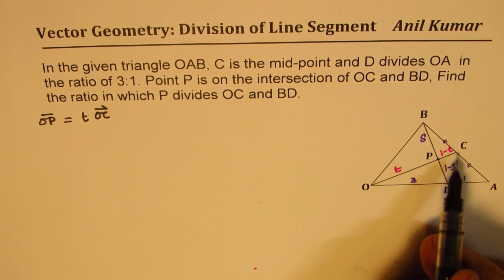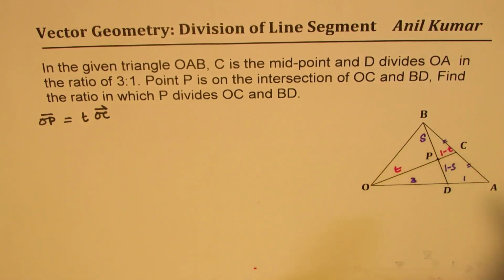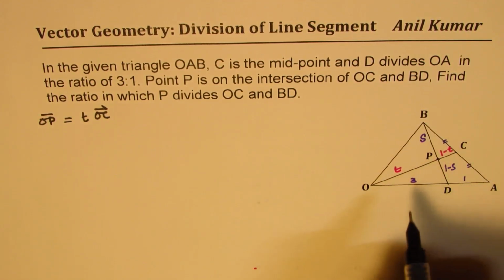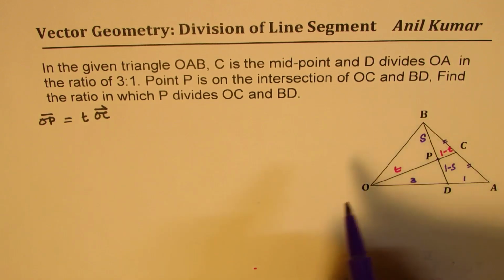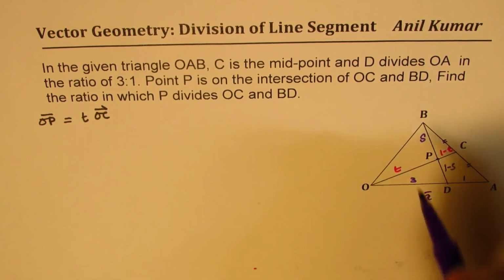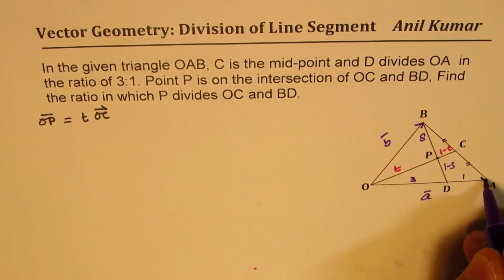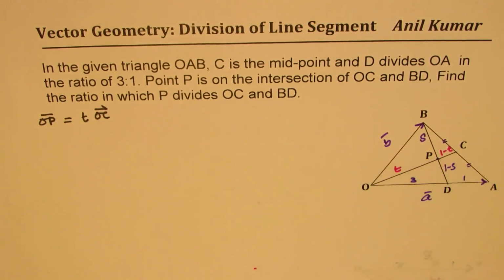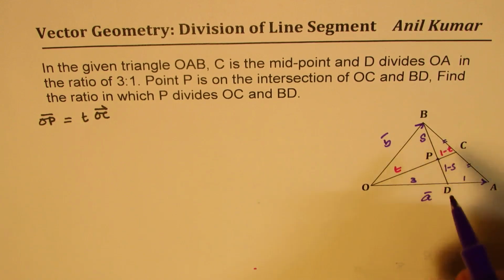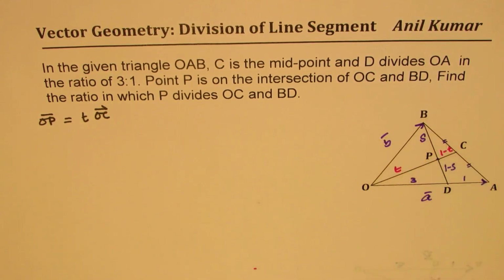Now what is OC? To get the value of OC, let us write down vector OA as vector A, and this as vector B. Should be easy. We'll write the answer in terms of A and B. So now what is OC?